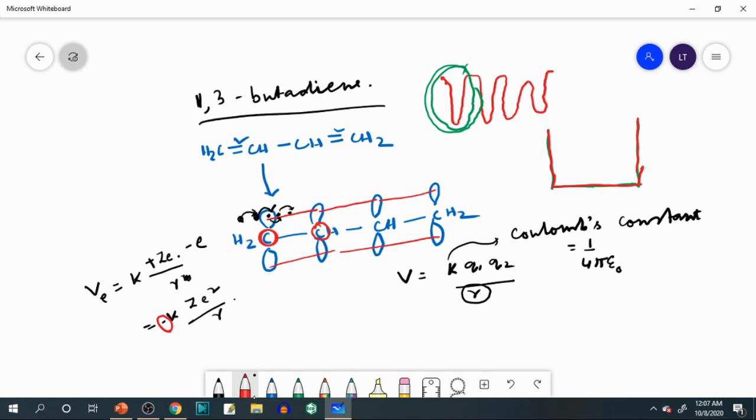So high potential means the particle will be repelled. Now we are considering a system like this, where the potential energy outside this region is high.